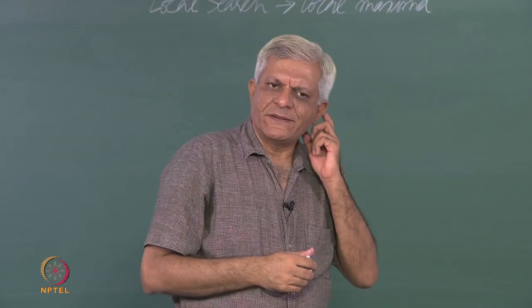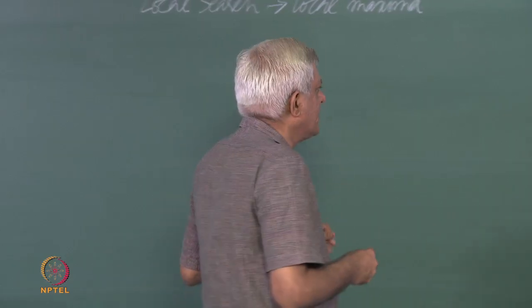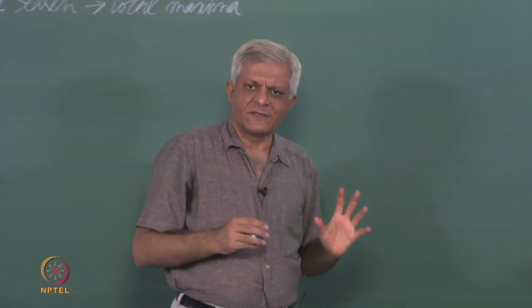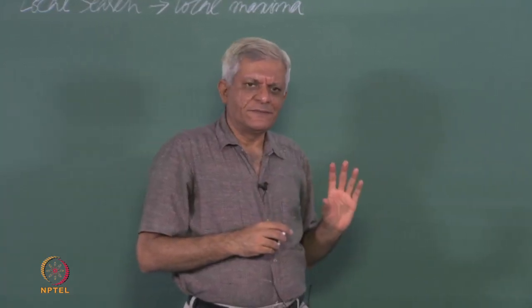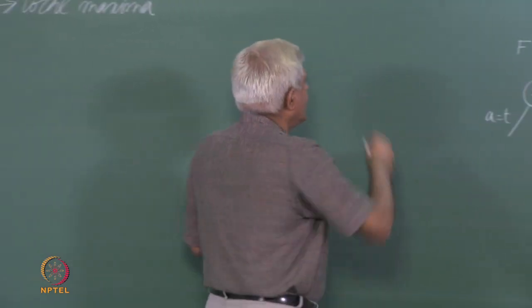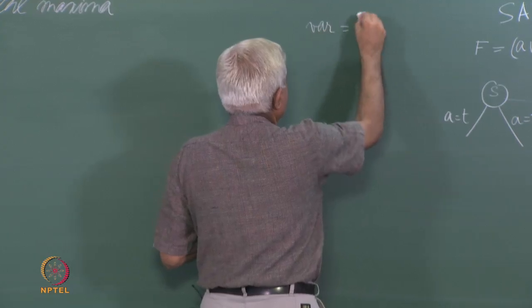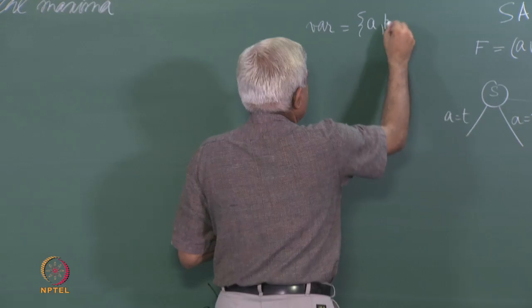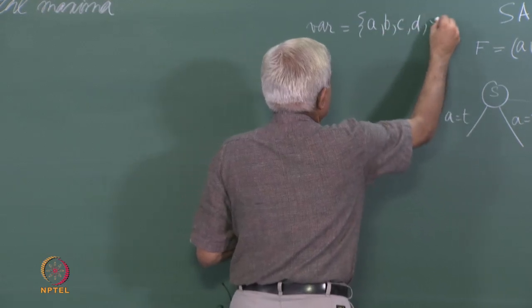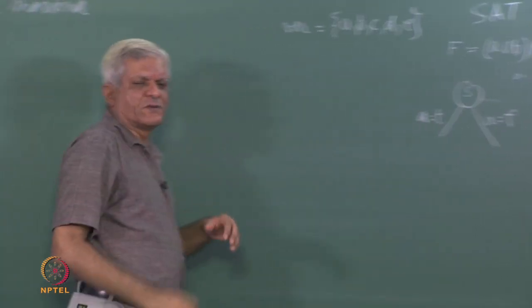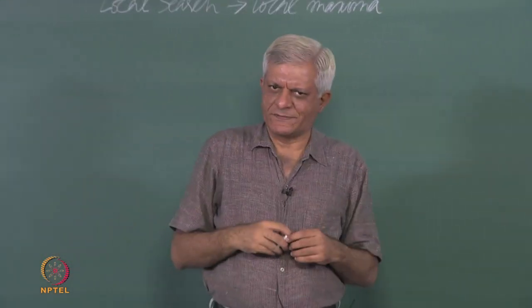What we want to do today is a different way of exploring the space. Now, what is the space? Let us say we have five variables, and some formula constructed over these 5 variables.